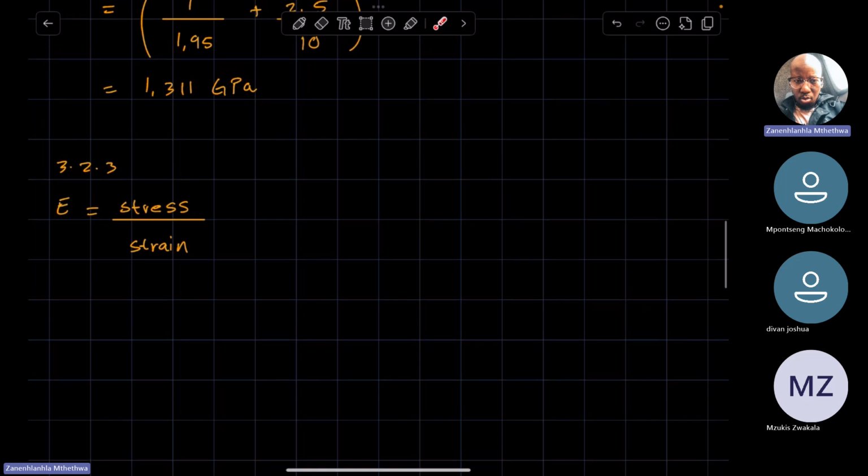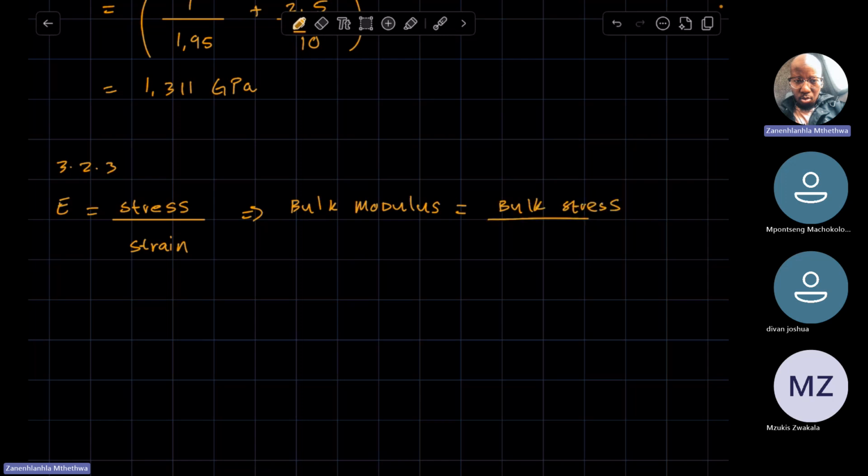So if this is how we calculate Young's modulus of elasticity, how we would then calculate the bulk modulus is you would say the bulk modulus is equal to the bulk stress divided by the bulk strain.